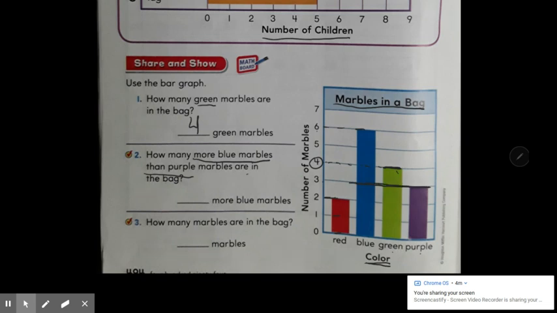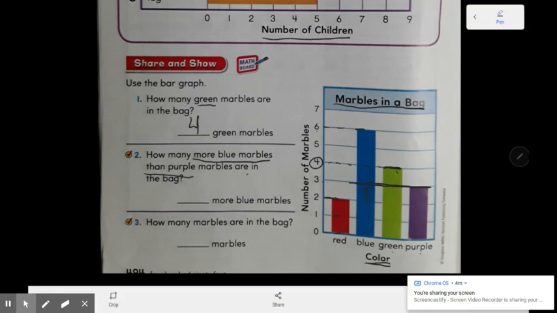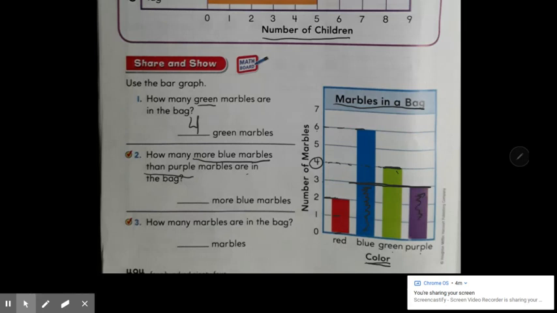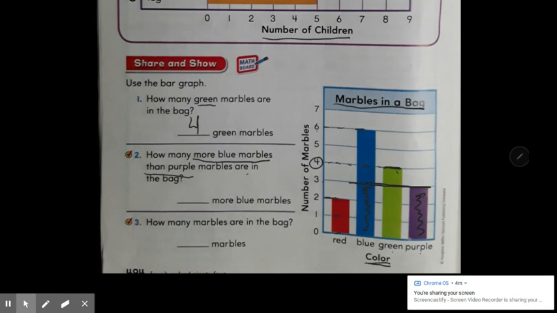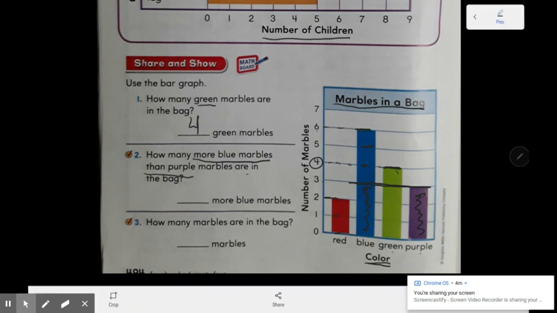Now, anything below this line is the same. So that's the same amount. So anything above this will be more. So we have 1, 2, 3 lines more, which is 3. There's 3 more blue.